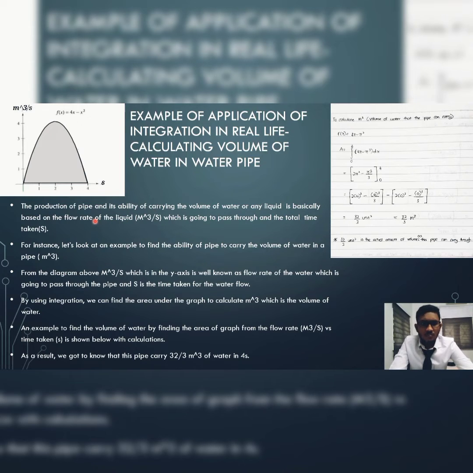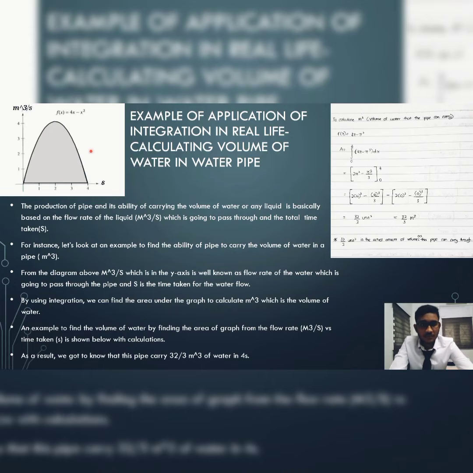The ability of a pipe to carry a volume of any kind of liquid is practically based on the flow rate of the liquid and the total time taken for the liquid to pass through the pipe.